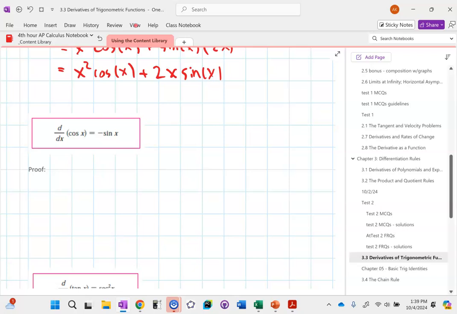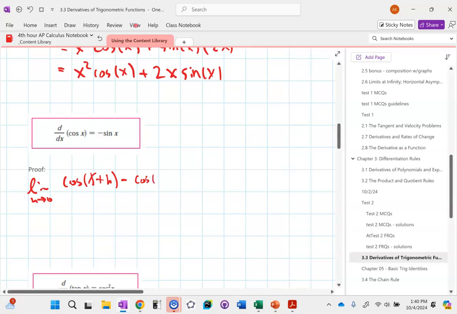Well, Mr. Kulik, how you plan on doing that? Well, it's really the same idea as the last one. So I'm just going to say no thanks on the proof there. Well, actually, we could do it. It's fine. Limit as h approaches 0 of cosine x plus h minus cosine x over h.